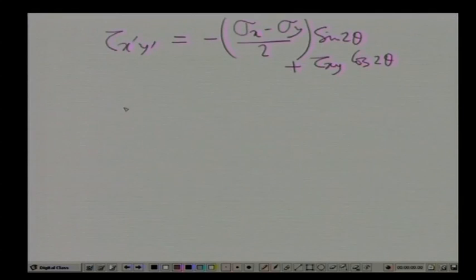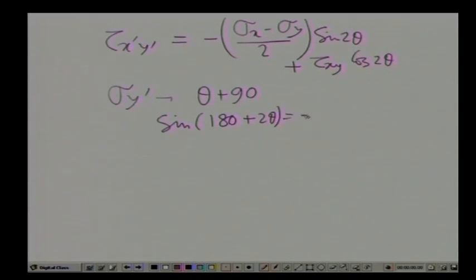Similarly, if we want to evaluate the stress in the y dash direction, the normal stress sigma y dashed, it is at an angle of theta plus 90 degrees. So, if we substitute theta plus 90 in place of theta, then sin of 180 plus 2 theta is equal to minus sin 2 theta, and cos of 180 plus 2 theta is equal to minus cos 2 theta.